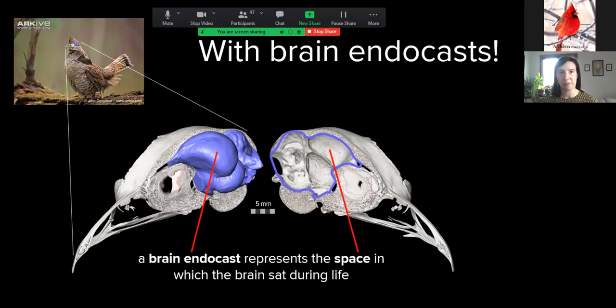And so we have this pretty good representation of the shape of the brain, and this preserves in the fossil record, because a lot of times you do get bones. Not always, since bird bones are very thin. We don't get a ton of bird fossils where the skull is preserved in three dimensions or not broken. But you have a lot more of that than you do of fossilized brains, which are zero.